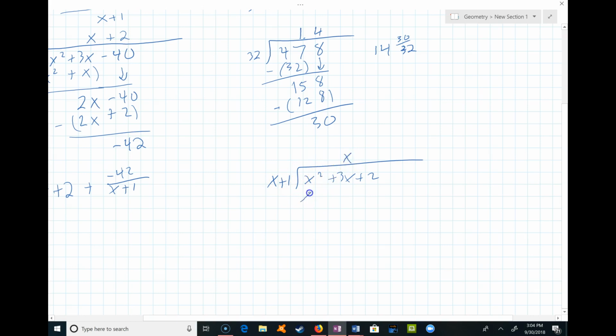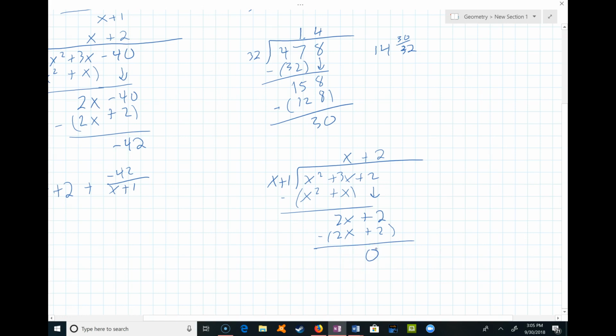So x times x is x squared. x times 1 is positive x. Then I subtract, and I get 0 here, and 3x minus x is 2x. Bring my 2 down, that'd be plus 2. What times x equals 2x? The answer would be 2, of course. 2 times x is 2x. 2 times 1 is positive 2. And then when I subtract, notice I get 0.